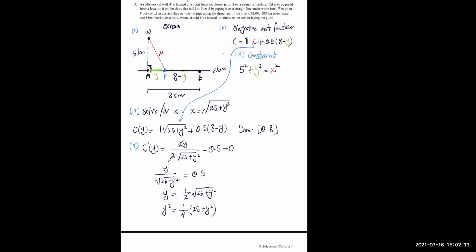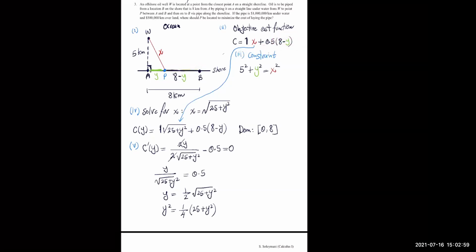So I called this y, this whole thing is 8. Therefore, this is 8 minus y. This is x, which is the distance underwater. Here is the cost: 1 million times x plus 500,000 times this distance, which is 8 minus y.